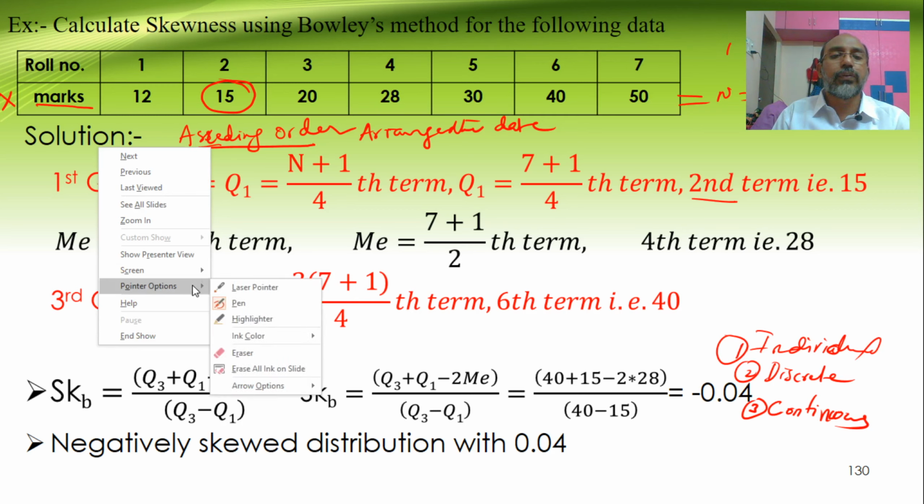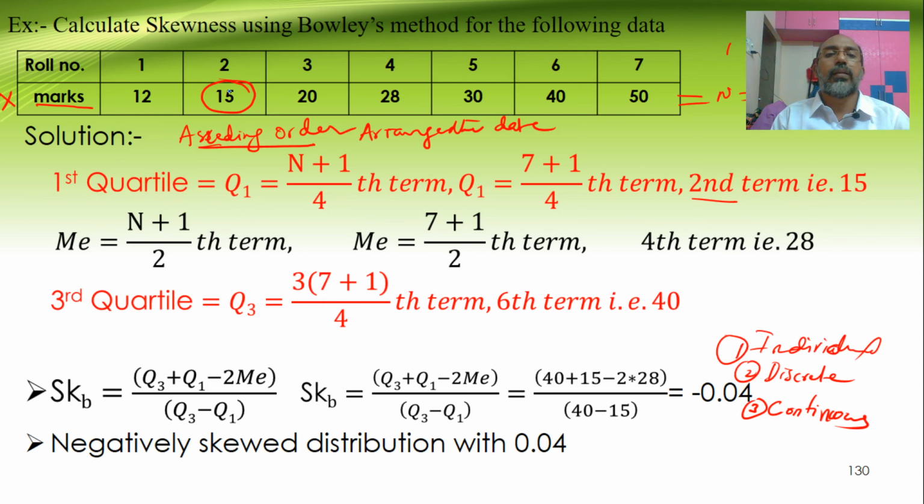I am taking a different ink color. So this is 15. 15 is the first quartile, right?